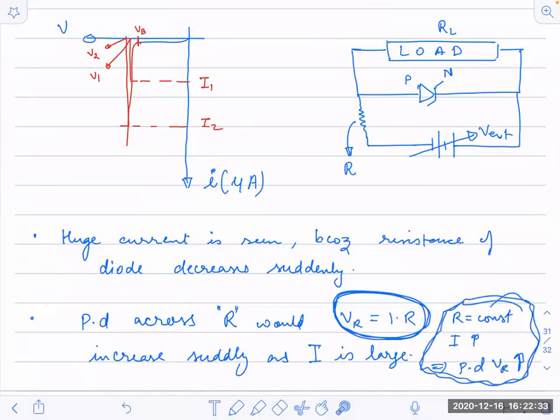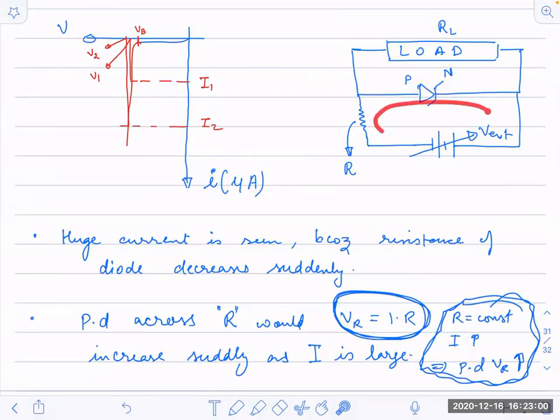Now, try to see this, that as the potential difference across the RL is increasing, what will happen to the potential difference across this? It will lower its value. Yes, because the potential drop in the circuit will be zero. In this common circuit, you are providing a breakdown voltage here.